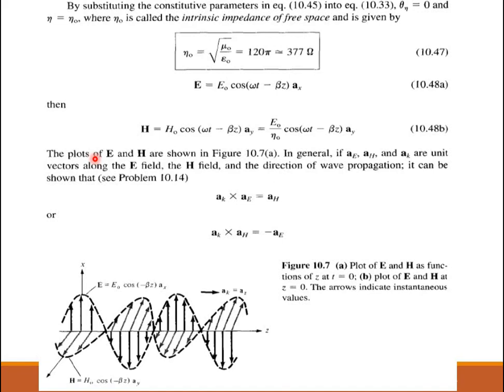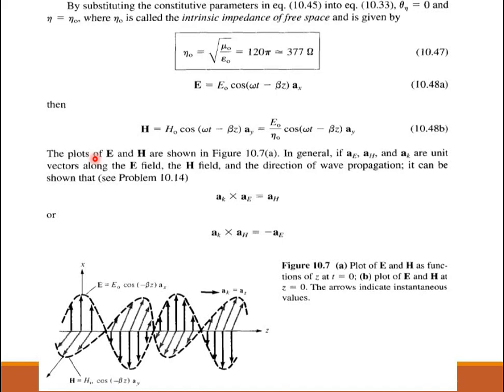That is why such waves are called transverse electromagnetic waves, TEM waves, because the wave has no electric or magnetic field components along the direction of propagation. This derivation we have also seen: Ez and Hz are 0. The electric field only has a component in the x direction, and the magnetic field only has a y component. That is why they are called transverse electromagnetic fields.